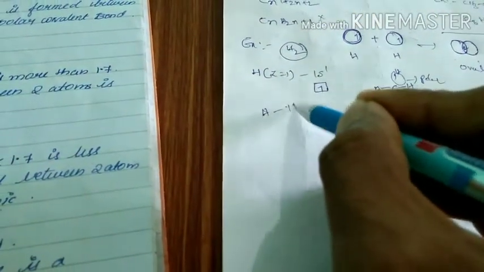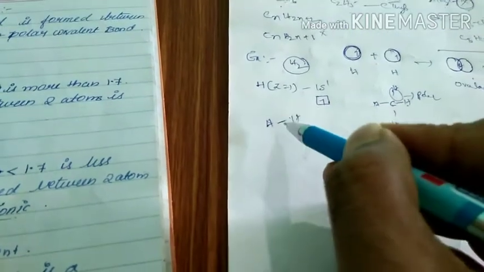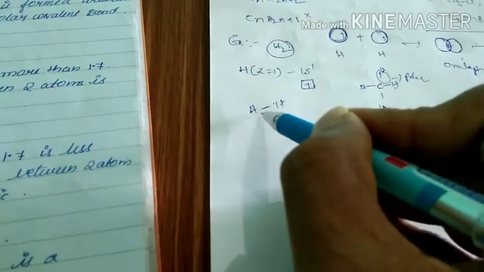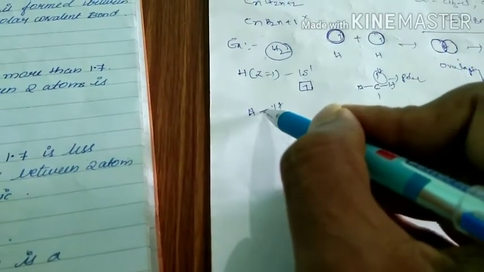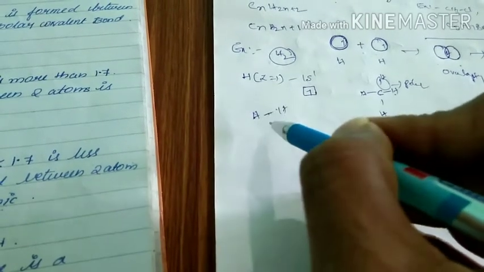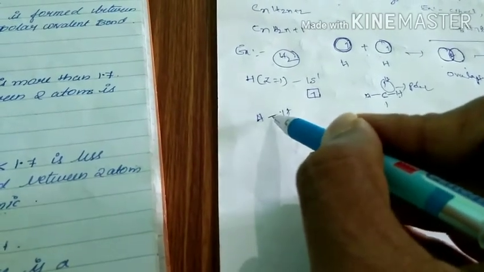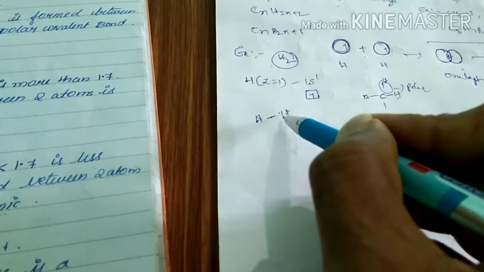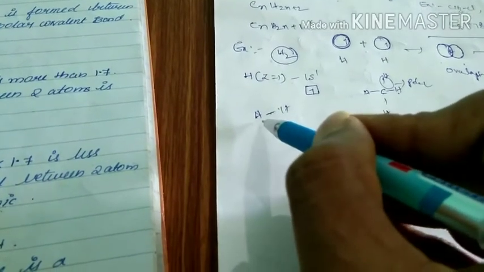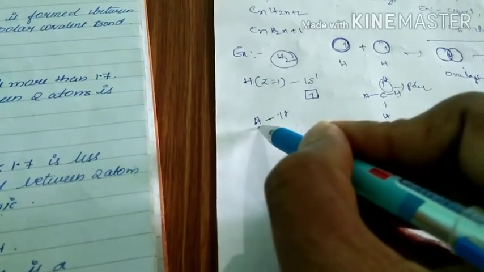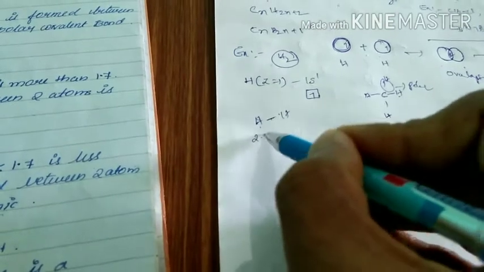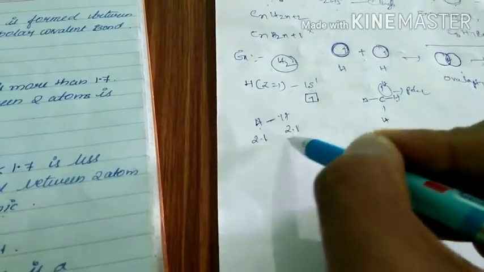See, for example, take H2, H-H. This is called what? Covalent bond. But in this case, here also two electrons are present in that bond. But the problem is these two electrons cannot move towards either hydrogen atom. Because this hydrogen has electronegativity 2.1, and this hydrogen also has electronegativity 2.1.